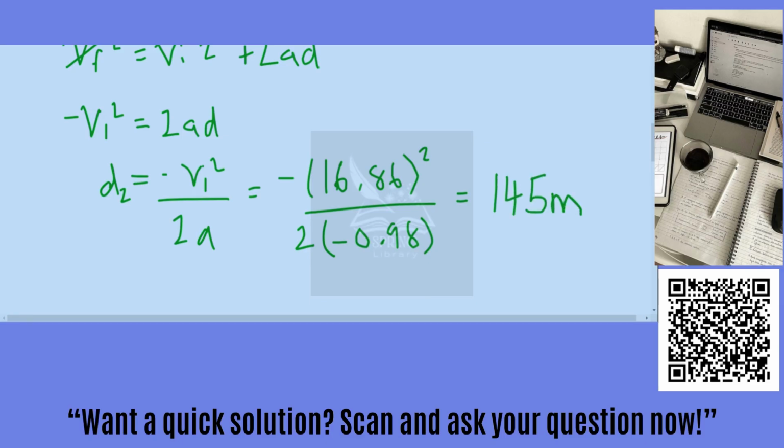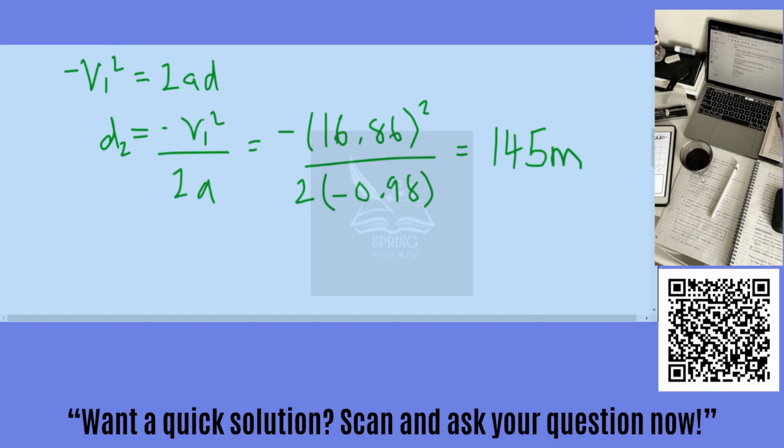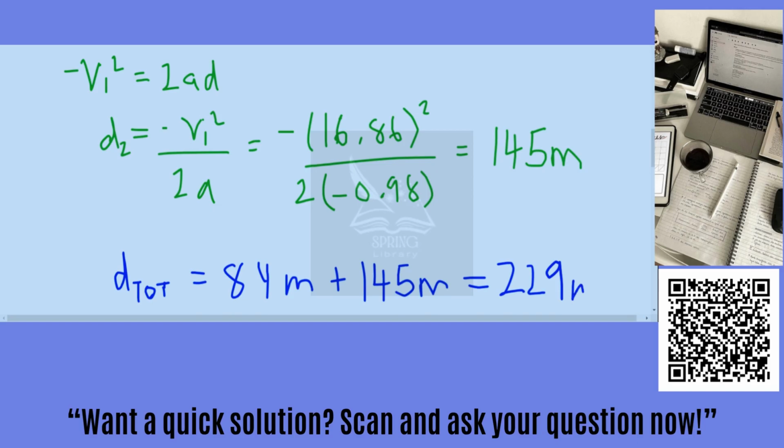And so overall, the total displacement for this object is 84 meters plus 145 meters, and that gives a total of 229. So this is how far the person has traveled when they finally come to a stop, taking into account both parts of the motion. This is the final answer for part.